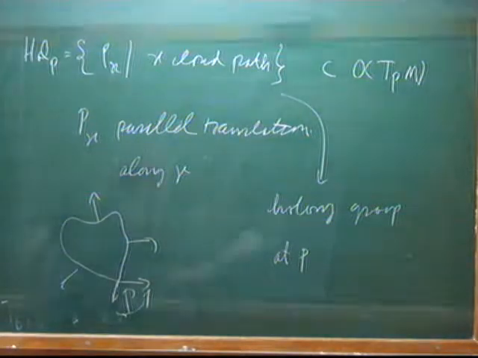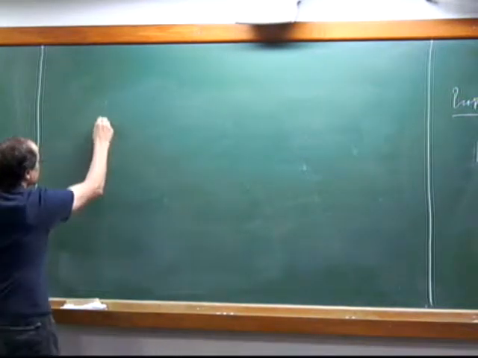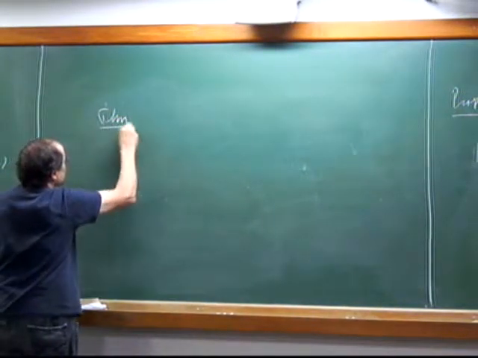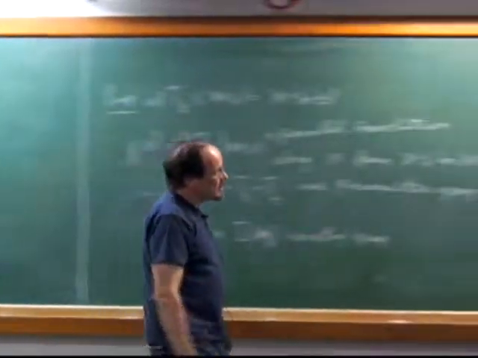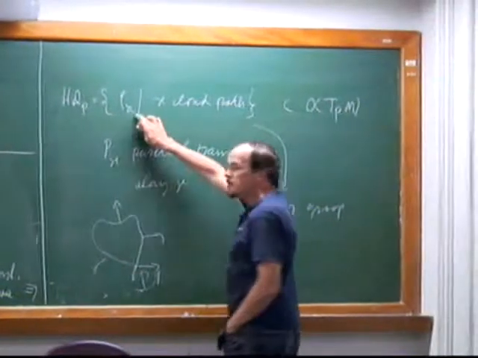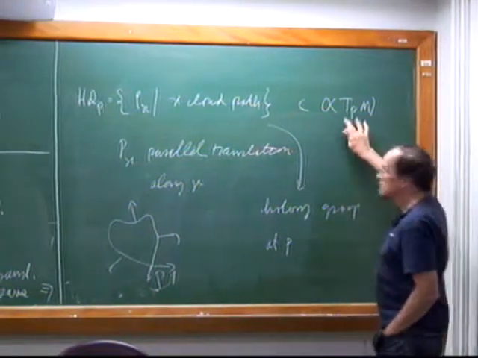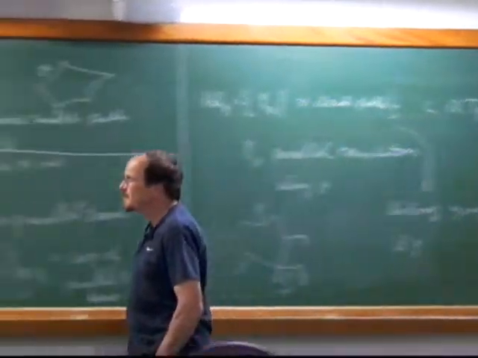And some of these are not elementary. First, what is true is what you would hope to be true, that this is a Lie group, like a Lie subgroup of this Lie group of the orthogonal group. You certainly expect that to be true.